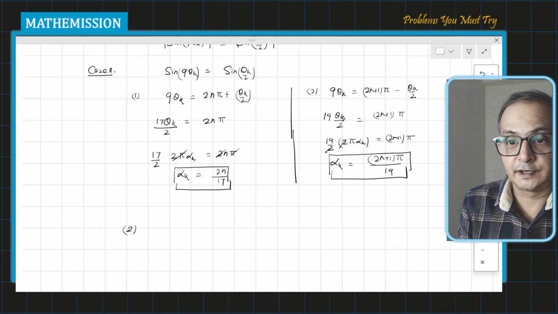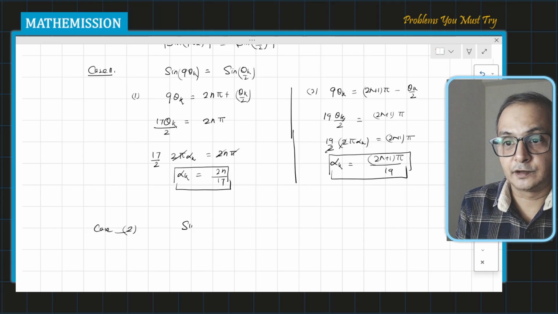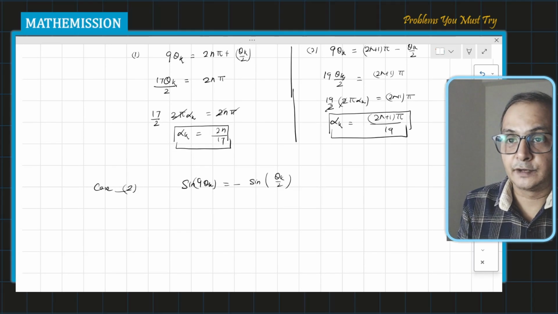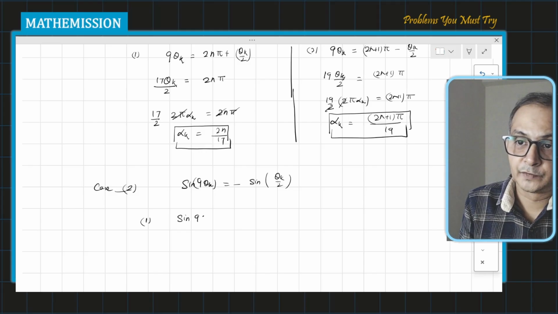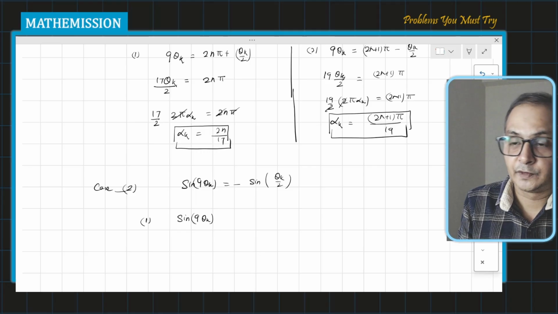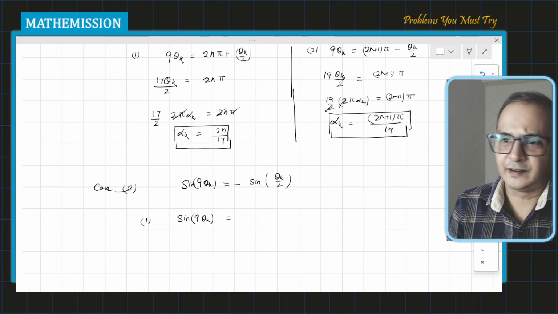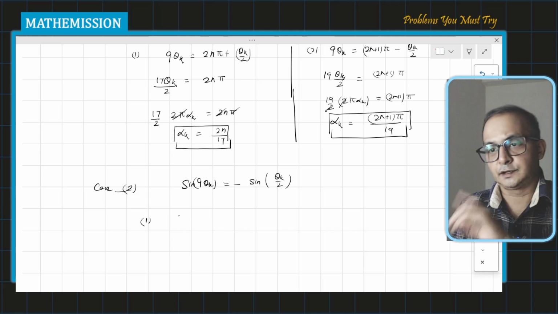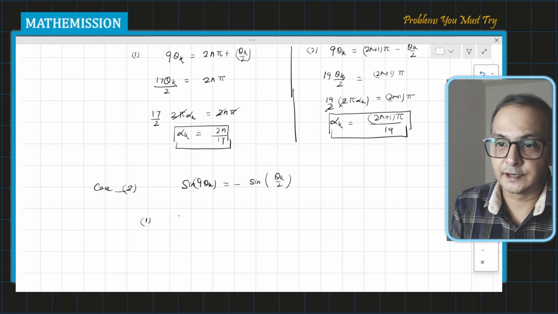Second case, I'm taking case 2, when I have sine of 9 theta k is equal to minus sine of theta k by 2. So this is a negative, by the way, so again we will have two subcases. First case will be when this negative sign happens, so let me write it.